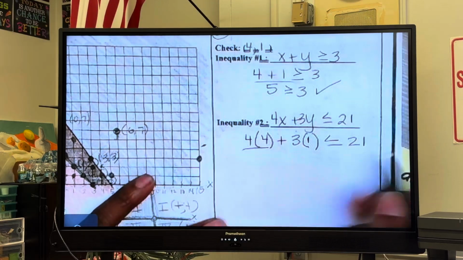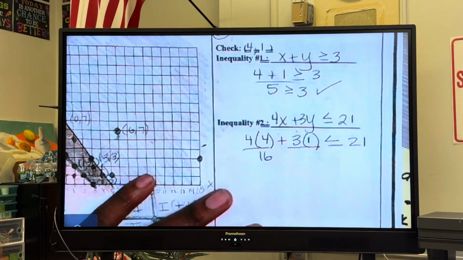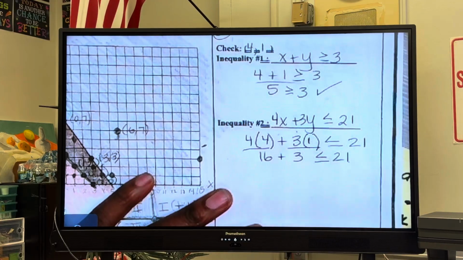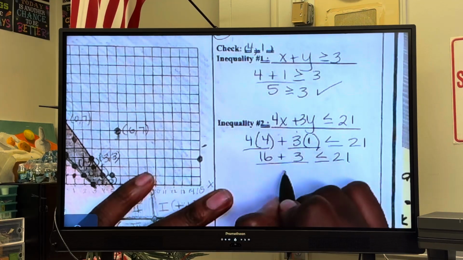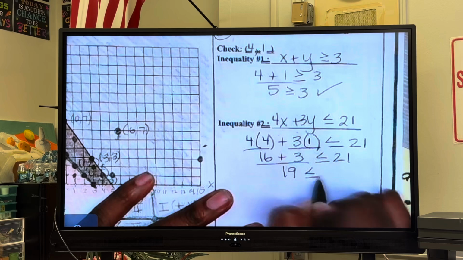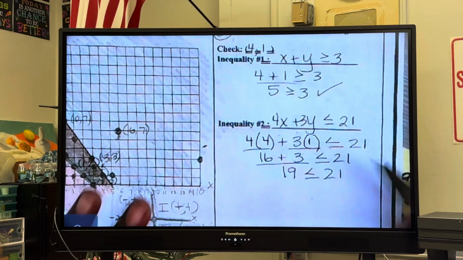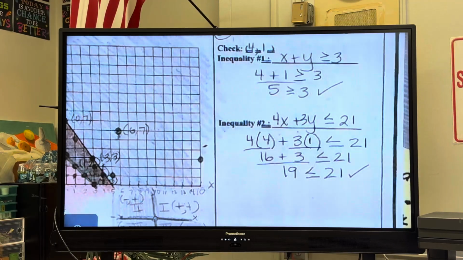What's 4 times 4? 16. What's 3 times 1? 3 is less than or equal to 21. What's 16 plus 3? It's real close, but it is definitely less than 21. And did it make our second sentence true? Yes. So since it made both of our sentences true, that means it is a solution to our system of inequalities. Is everybody good on that?